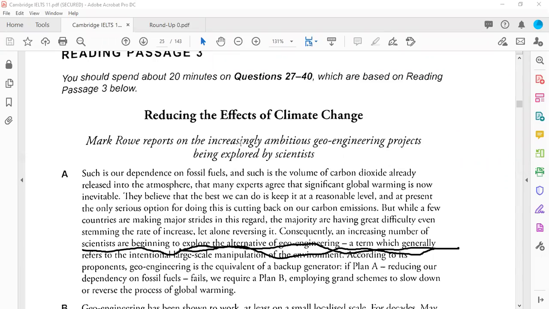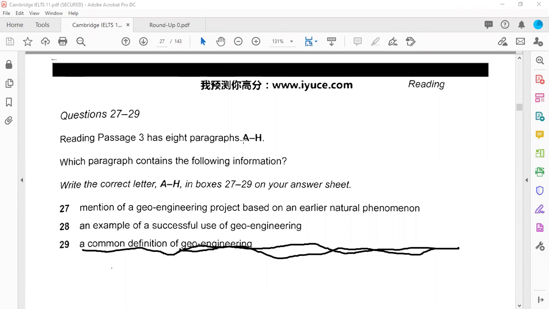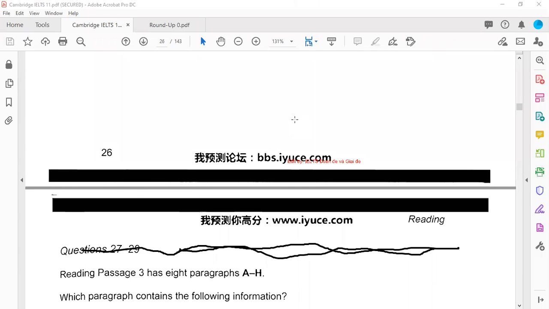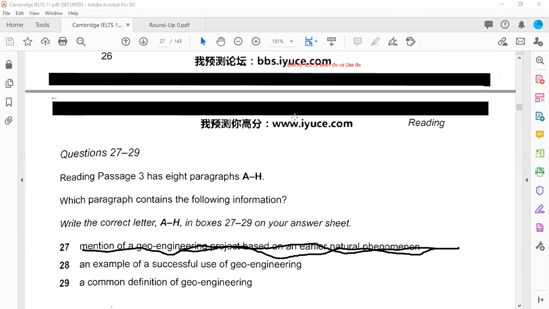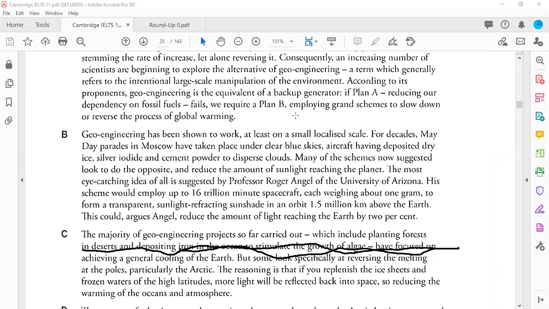Yes. Answer A is the answer. Successful. Now we're looking for successful use. It's very easy. Successful.